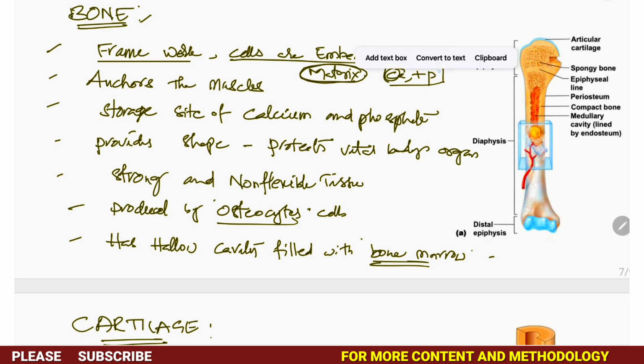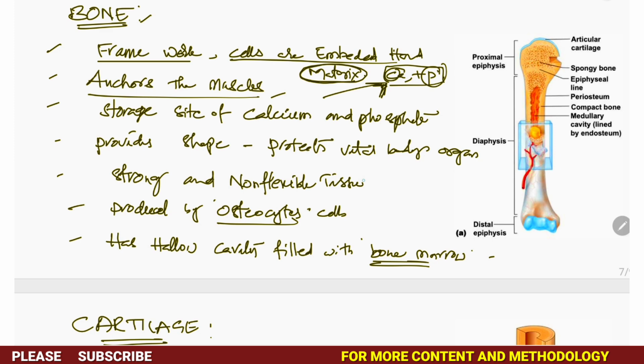Very important: calcium and phosphorus. It also anchors the muscles, and is the storage site of calcium and phosphate, or phosphorus.